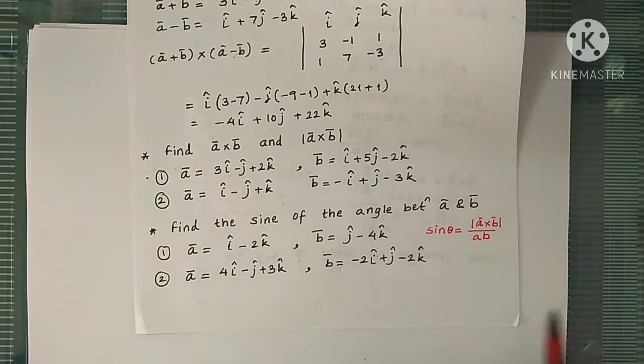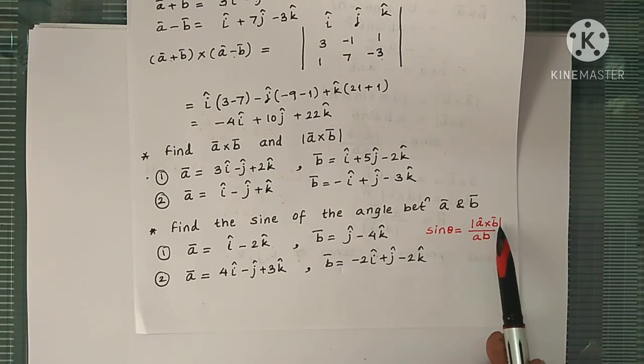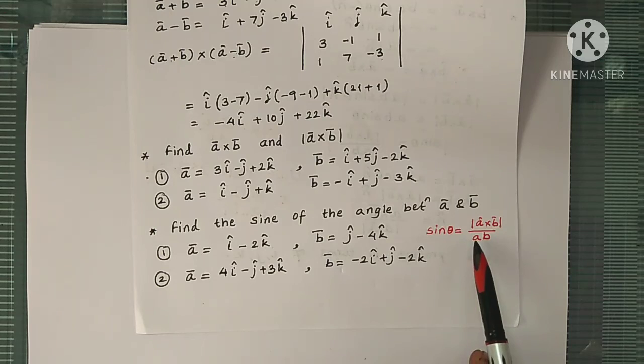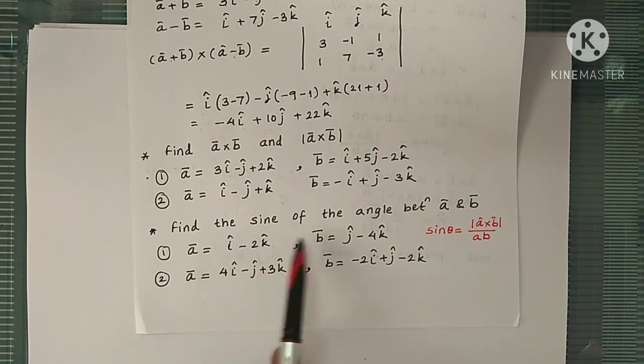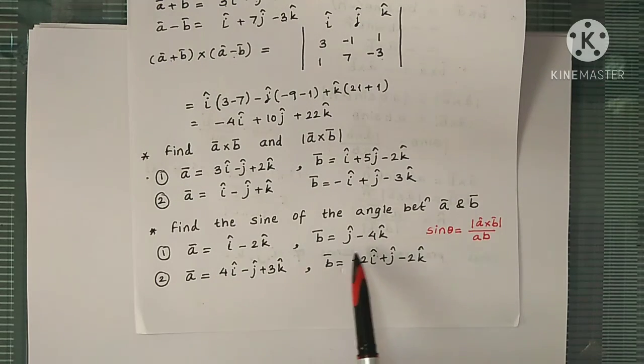So first find a bar cross b bar, then its magnitude. Then find the magnitude of a bar and the magnitude of b bar. The magnitude of a bar here is root of 1 squared plus minus 2 squared. Similarly find the magnitude of b bar, substitute here and find sine theta.